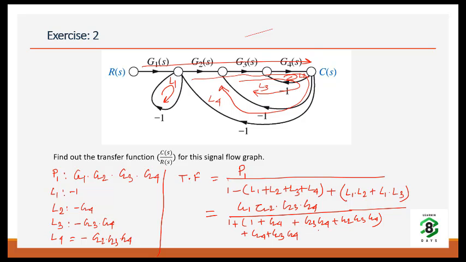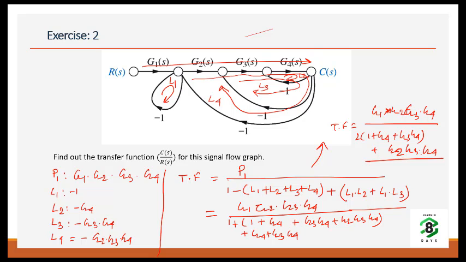If you simplify them, the transfer function is equal to G1 G2 G3 G4 divided by 2 into (1 plus G4 plus G3 G4) plus G2 G3 G4. This is the final transfer function of the given system.